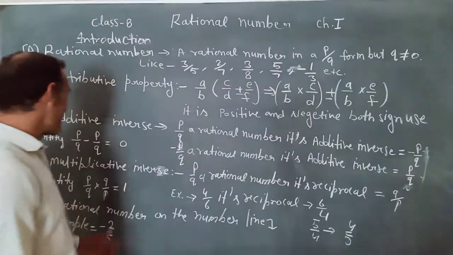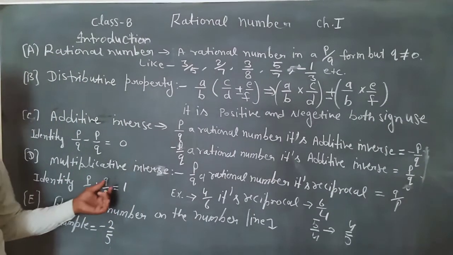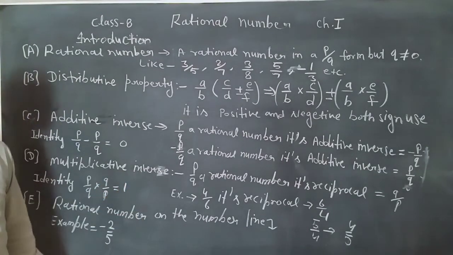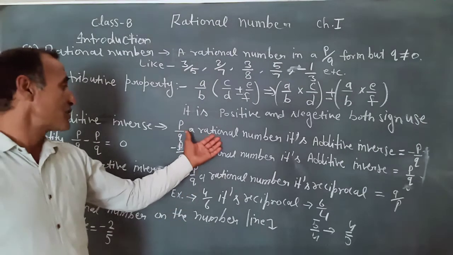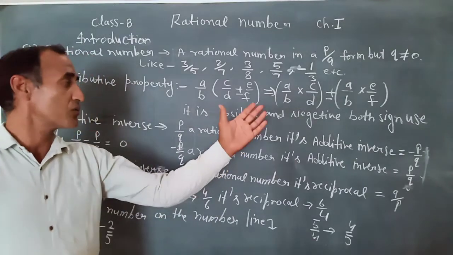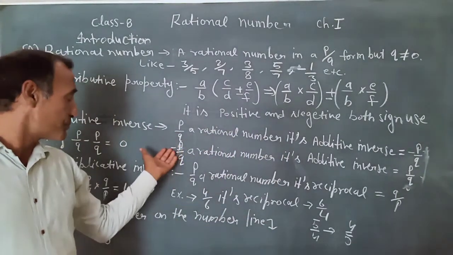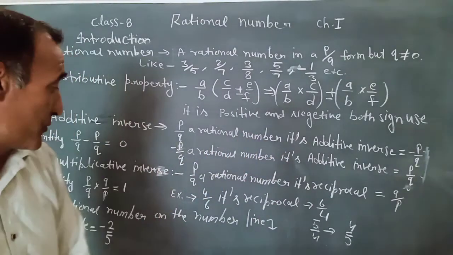Its identity property is p upon q into its reciprocal q upon p equals 1. A question of this type comes in the exams: p upon q converts into the additive inverse, the negative form, and minus p upon q converts into the positive form p upon q.